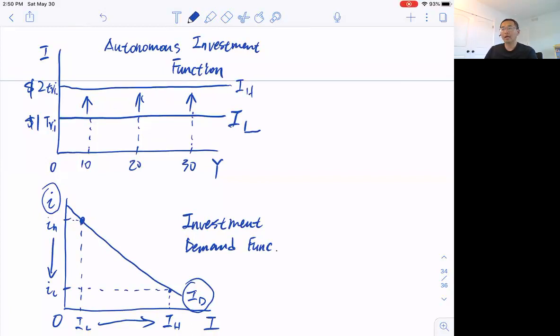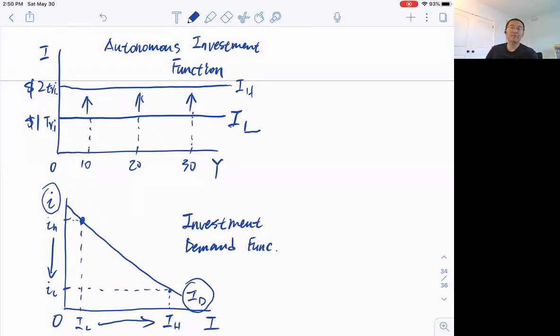Okay, now that's not entirely true, right? Firms, once they make the plans to invest, usually don't care about what the current real GDP is, but they do care about the expectation of what is going to happen to real GDP, right? So if real GDP today fluctuates up and down, firms usually don't know about it, or they don't care about it too much.